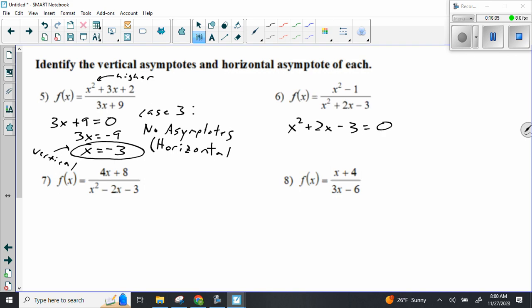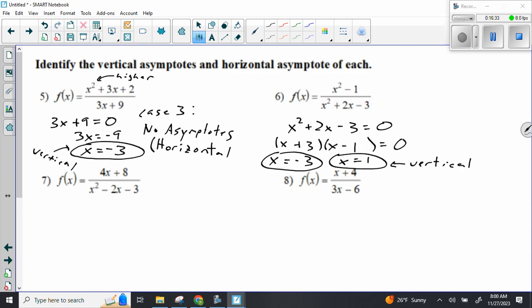The easiest, best way to solve this is to factor it. So let's do it. Two numbers such that when I multiply them, I get -3, and when I add them, I get +2. I like +3 and -1, which means that my vertical asymptotes are at x equals 3 and at x equals 1. These are my vertical asymptotes.